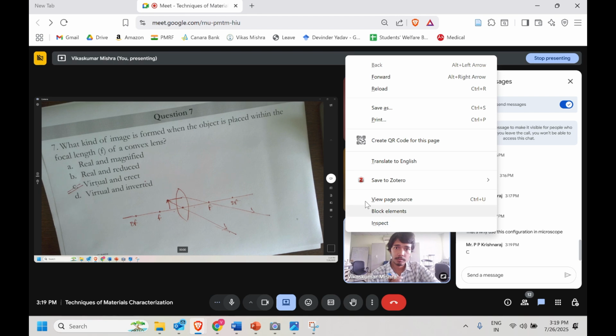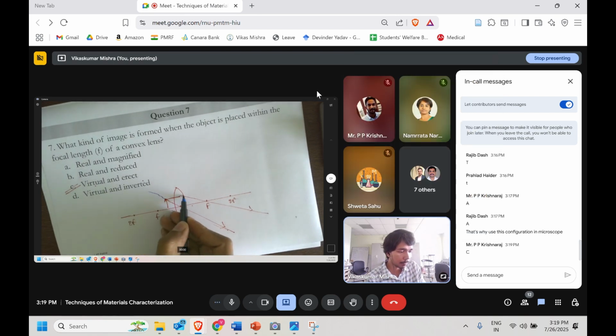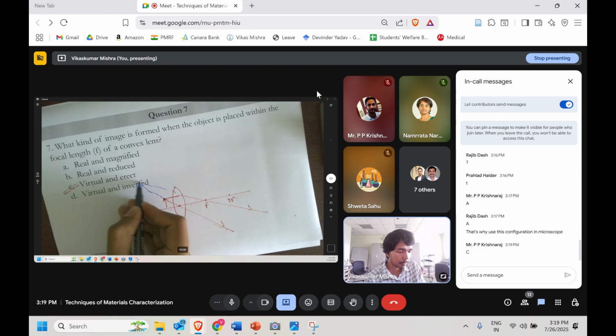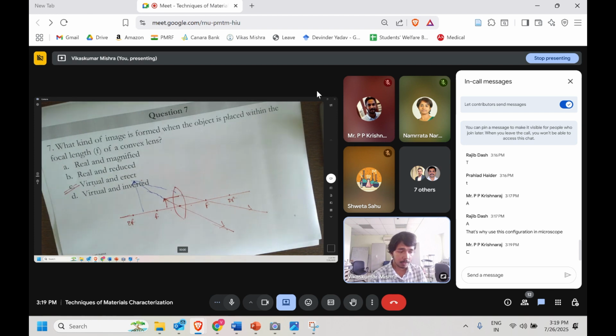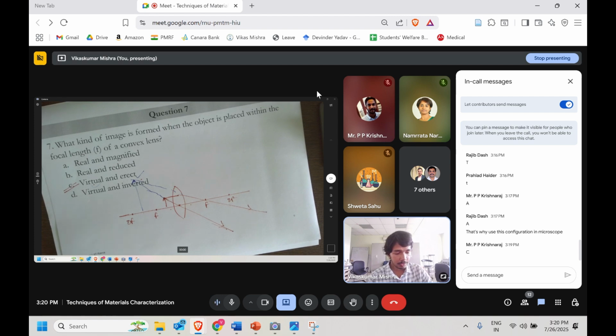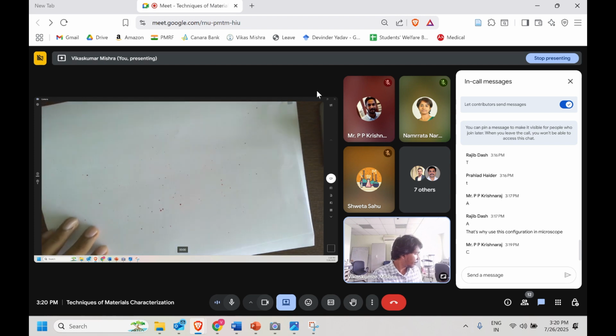So what we have to do is move them back, and we'll get the image somewhere over here. This is our image, but it's on the left side. So it's virtual and the same height, with the height in the same direction. So it's erect. The right answer is option C. Very good, guys. Let's move ahead if there is no doubt.